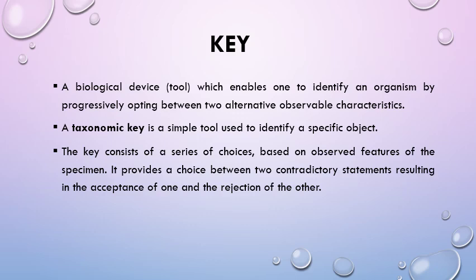So by visualizing the physical characters of that organism, you can identify it by making appropriate choices at each step. At each step we make two contradictory statements, okay? We accept one statement and reject the other, and in this way ultimately, at the end of the key, by making the alternative choices, we can identify the desired organism.